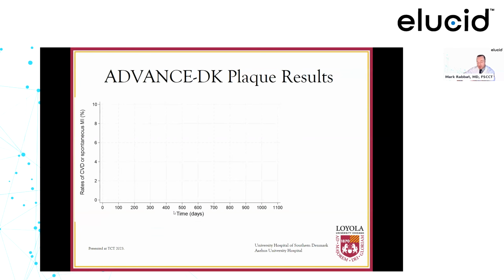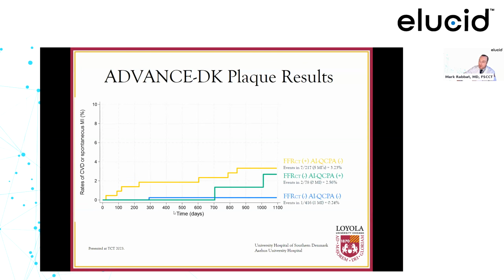This is some other data that was recently presented a few weeks ago at TCT. This is a sub-study from the ADVANCE registry from our colleagues in Denmark. And you can see that those that had negative FFRCTs and no significant quantitative coronary plaque analysis had very low rates of cardiovascular death or spontaneous myocardial infarction. There was an increase in adverse event rates in those that had significant quantitative coronary plaque analysis, but negative FFRCTs.